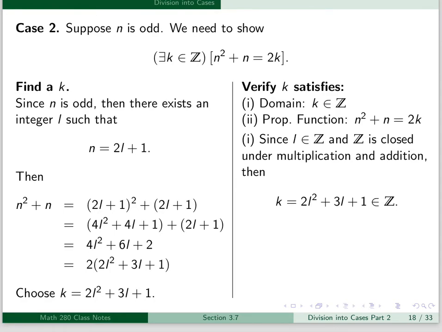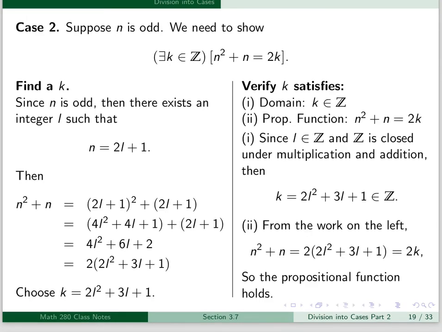And as before, since l is in Z and Z is closed under multiplication and addition, then k equal 2l squared plus 3l plus 1 is also in Z. And the work on the left shows that n squared plus n is 2 times the quantity 2l squared plus 3l plus 1, which is 2k, so the propositional function holds.